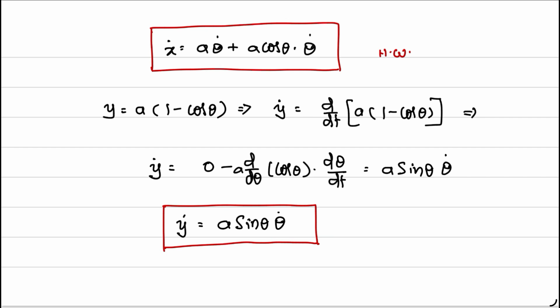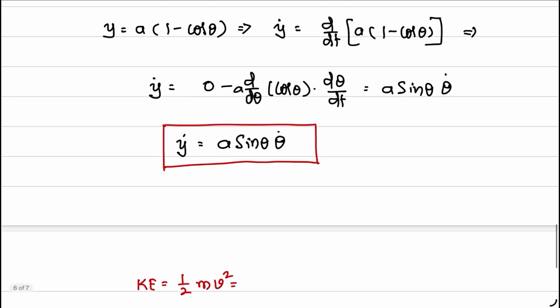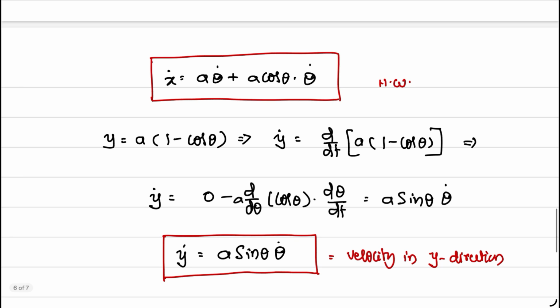Lagrangian. What is Lagrangian ultimately? Then, what is the kinetic energy? Half m v square. There is velocity in the x direction and velocity in the y direction. X dot is the velocity.